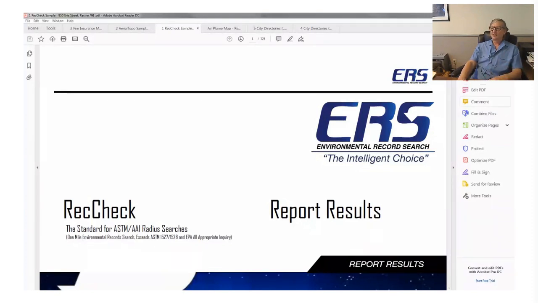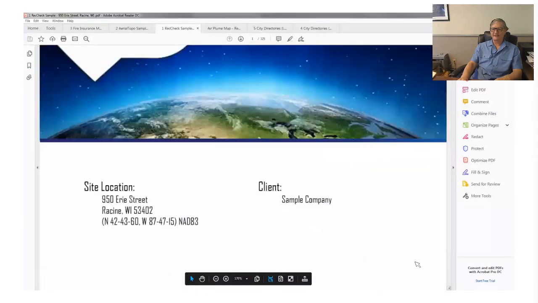So if you ever have any questions on the RecCheck or want to learn how to interpret it and review it efficiently, let me know. The first thing you do is check and make sure it's your right site. If you're doing a whole bunch of reports, you don't want to be reviewing the wrong report. So this is the correct site.